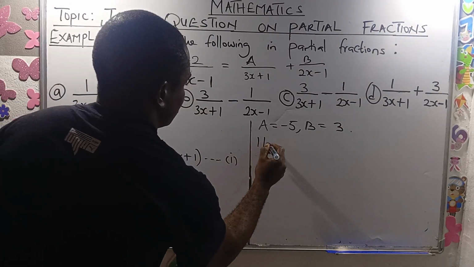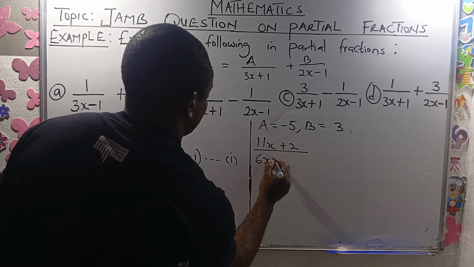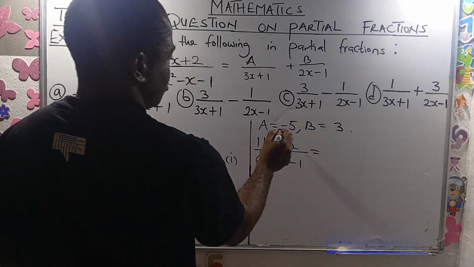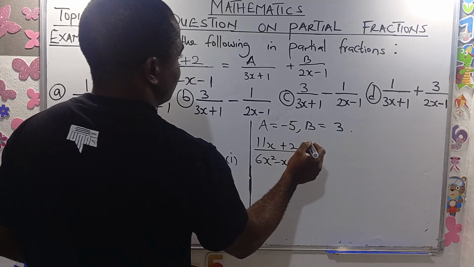Now 11x plus 2 over 6x squared minus x minus 1 equals, what's our A? Minus 5. Our A is minus 5.